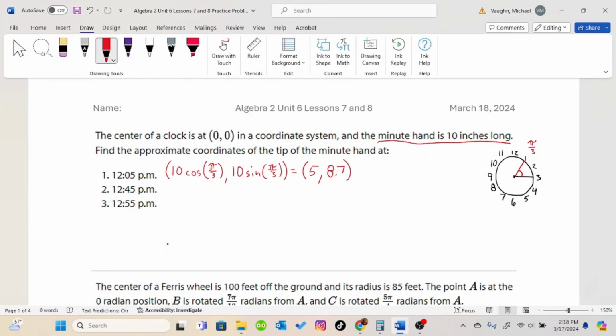So the coordinates for the tip of the minute hand when the radius is 10 and the time is 12:05 would be x equals 5, y equals 8.7.